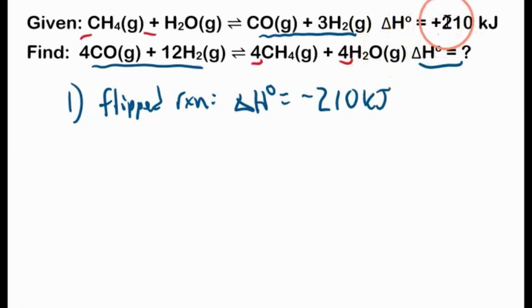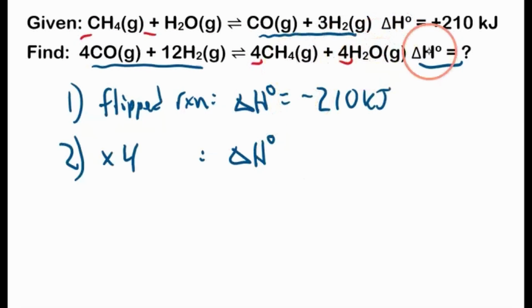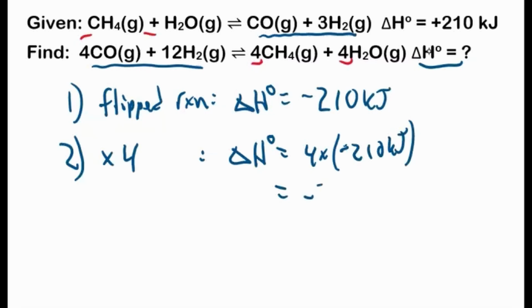So again, we have another endothermic reaction. If this top reaction required energy to proceed to the right, then in order to go to the left, it's going to release energy. That's why this is negative. Okay, so the next operation is we multiplied the whole reaction by 4. Therefore, we need to multiply this delta H by 4. So it's 4 times negative 210 kilojoules, which is negative 840 kilojoules.